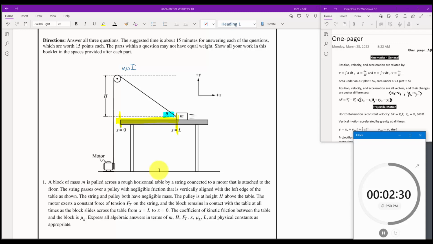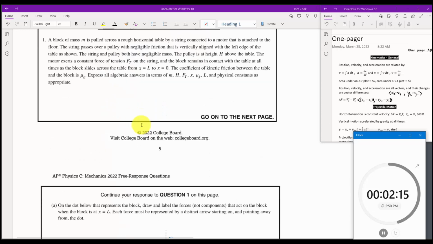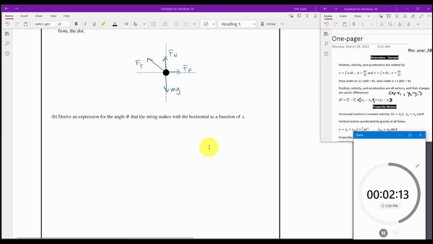It seems like we'd be using triangle math, right? Triangle math. So let's see the relationship here. X and theta would be related by the height. So maybe let's write down a tangent equation here.